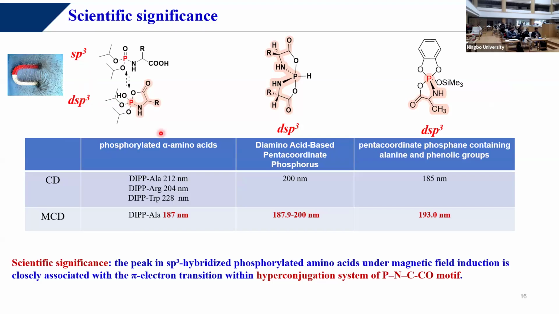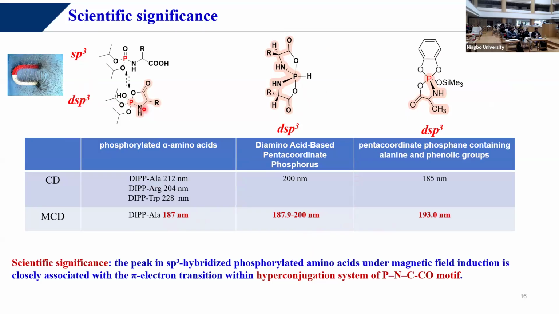It has an MCD signal at 187 nanometers, and the other real pentacoordinate phosphorine has a similar signal around 200 nanometers.